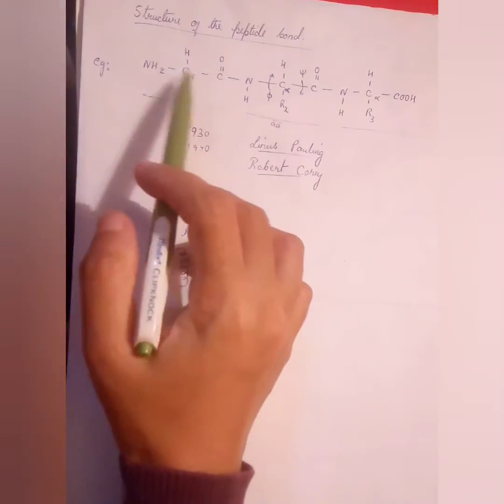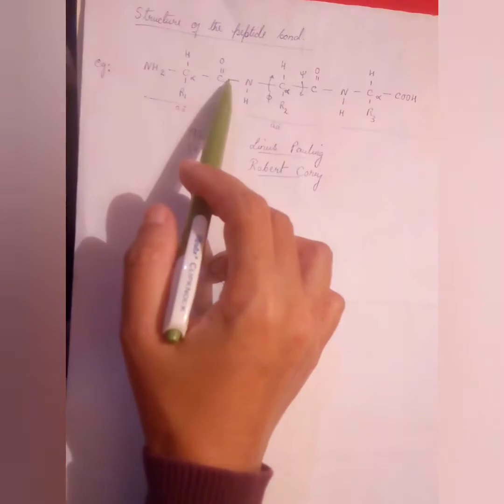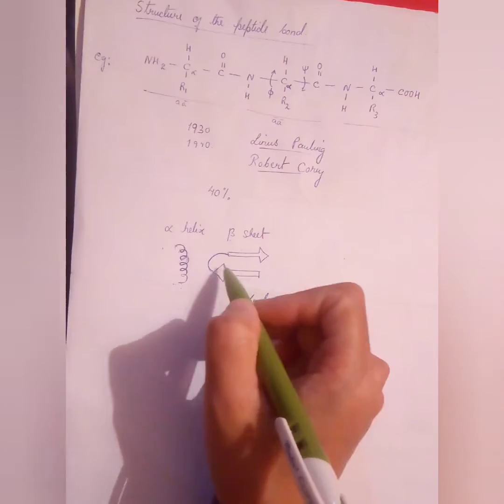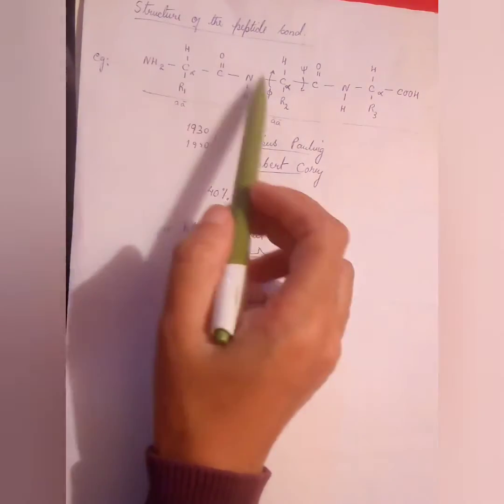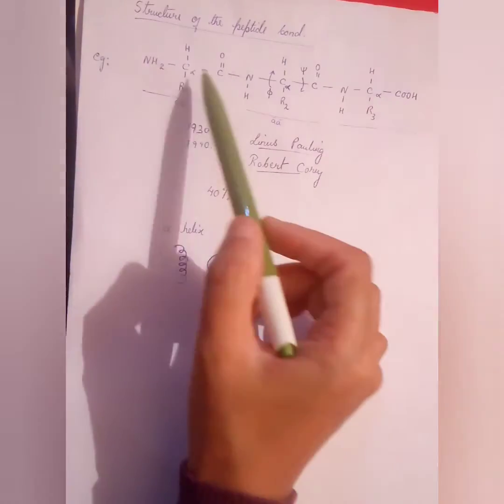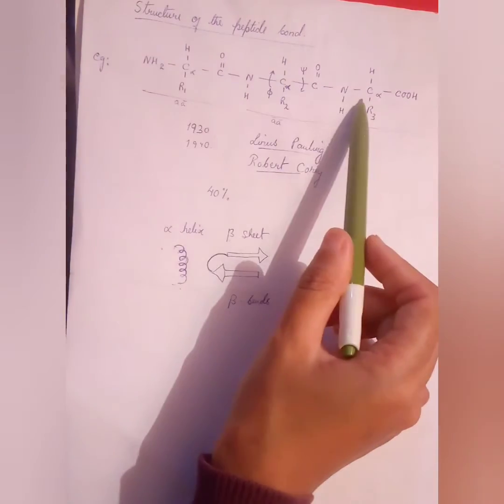There must be some place where these bonds can rotate in order to bend and achieve this configuration or this beta bend configuration. How can they bend if they are rigid and planar? So there must be a place where they can rotate and bend so that they form these structures.